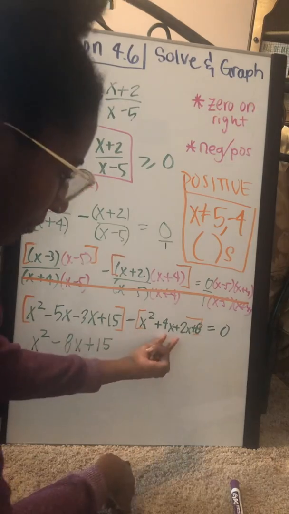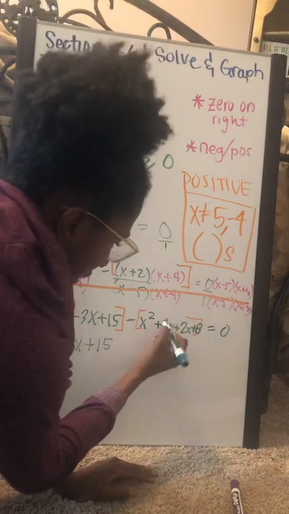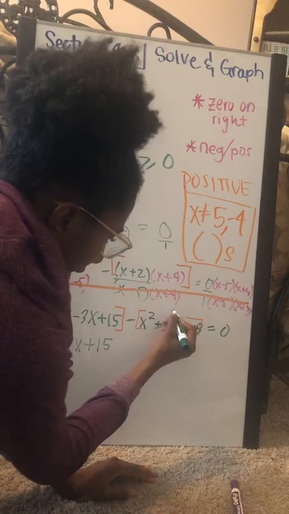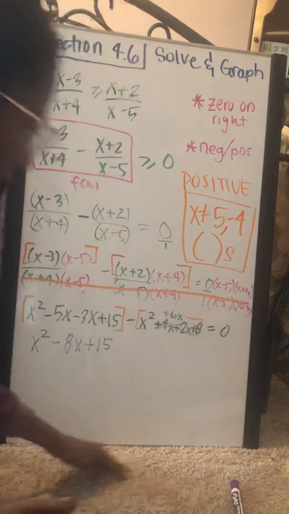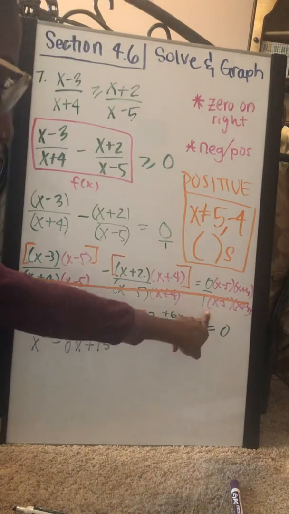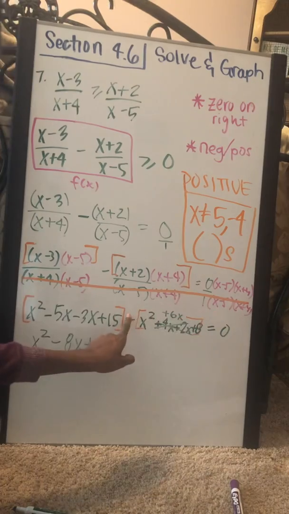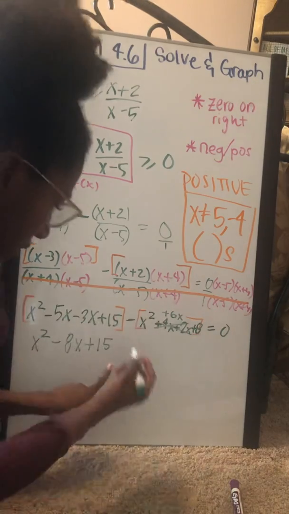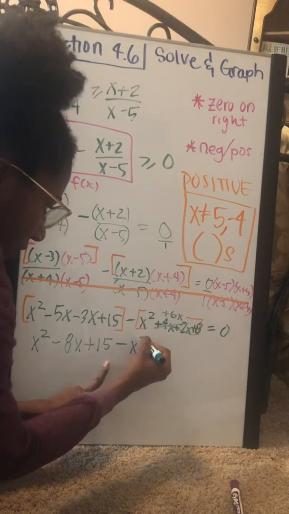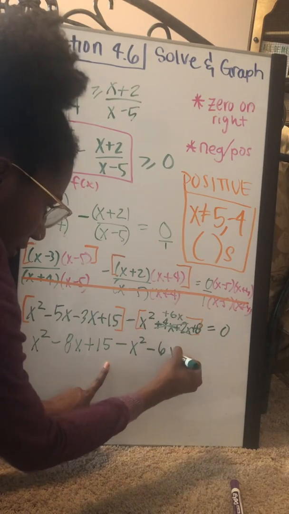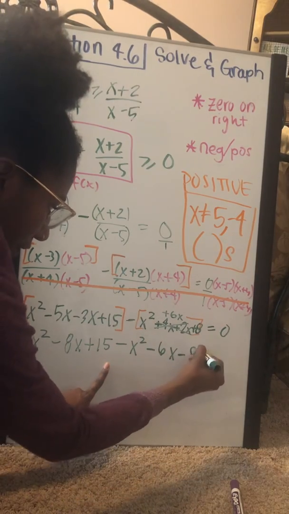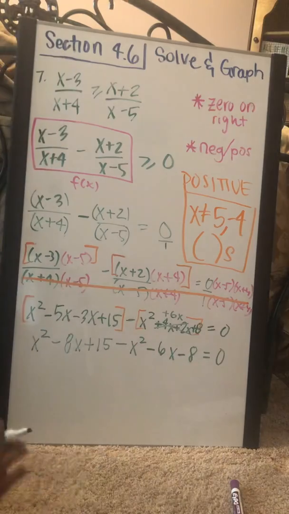Here, you can either combine your like terms first and get positive 6x, and then to get rid of your brackets, you check the power, there isn't one, and then we distribute this negative to all of our parts, so we get negative x squared and then negative 6x, and then we get negative 8 is equal to 0, okay?